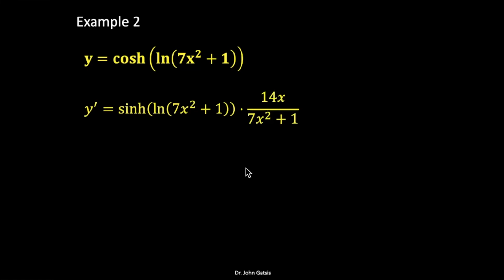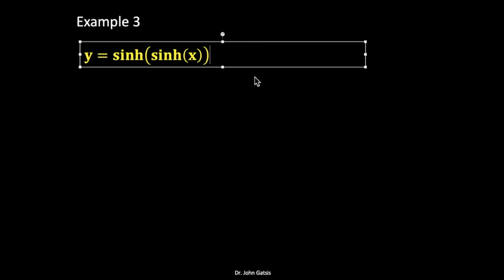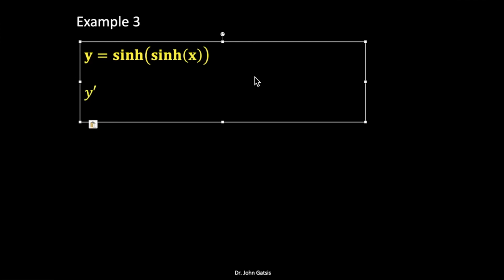So moving on now, we can take a look at another example. Hopefully, hyperbolic sine within hyperbolic sine. Well, this is looking a little bit dangerous, so hopefully we can sort this one out. This is a matter of bookkeeping. It's actually much shorter than the previous example.